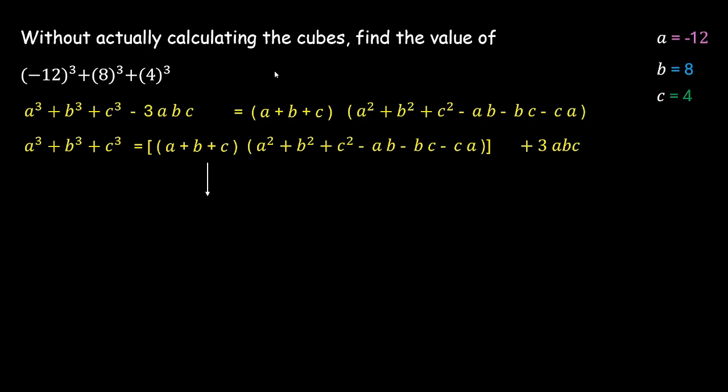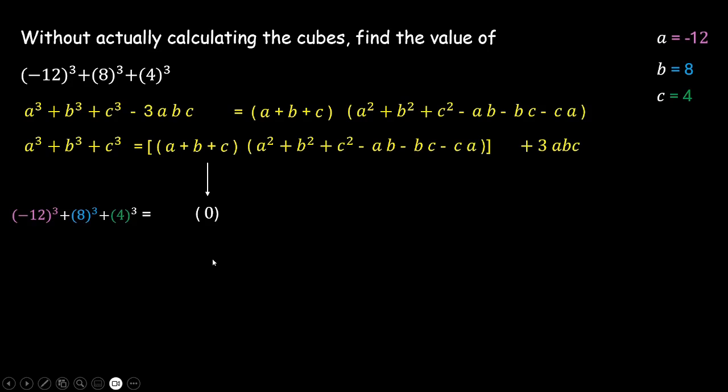In that case, its expansion is this now. So let's substitute the values of a, b, c here. This is minus 12 plus 8 plus 4. 8 plus 4 is 12. Minus 12 plus 12, it is 0. So this entire term a plus b plus c is 0.